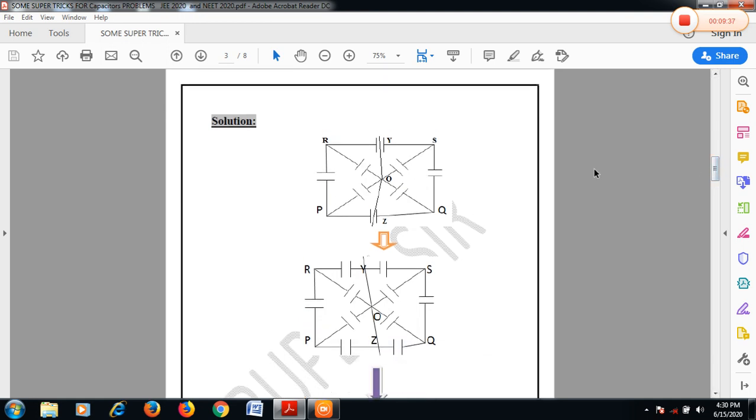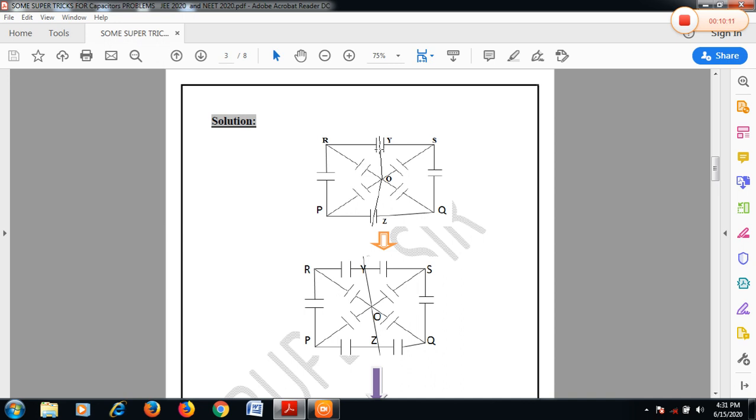In this figure, first of all, we have named all the points, that is R, P, Z, Q, O and S. First we need to find out the symmetry. Here we have found one symmetrical line, with the help of which we have found two identical parts, left and right, of this circuit.